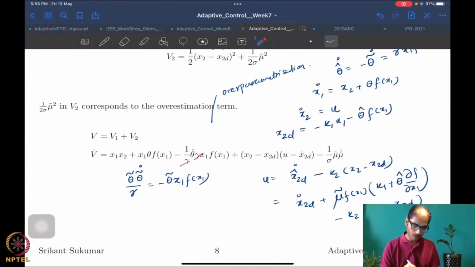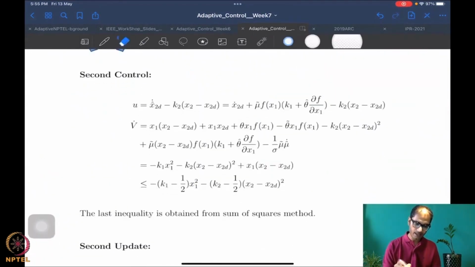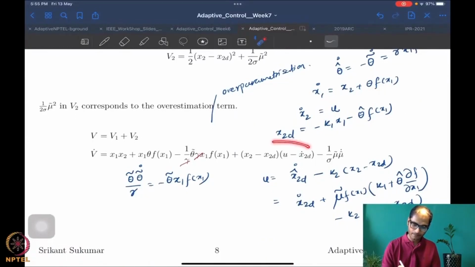So basically I will write this x1 x2 as x1 (x2 minus x2 desired) plus x1 x2 desired. All right, so this is just x1 x2, and this is just from x1 theta f(x1), just the dynamics, and this is again from the update law. And this term, minus k2 (x2 minus x2 desired), is because of this term. So now everything else is from this term.